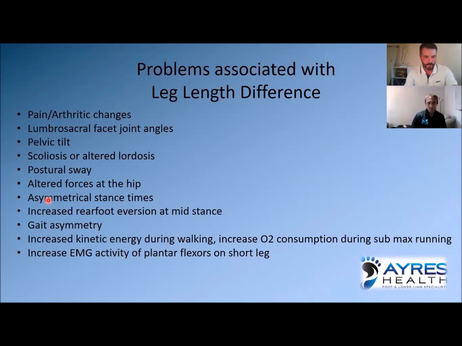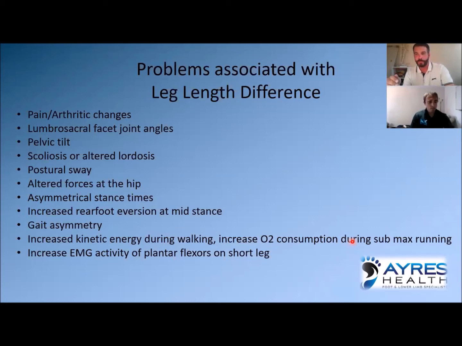But if we look at some of these other things here, increased kinetic energy during walking, increased oxygen consumption during submaximal running, so it's looking at running economy. A lot of these studies are done by artificially making a leg length difference.